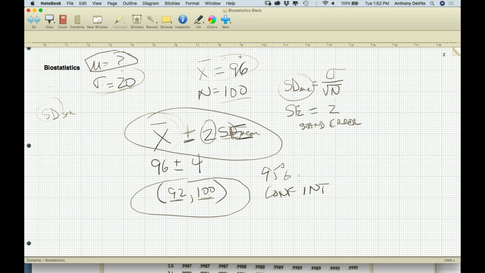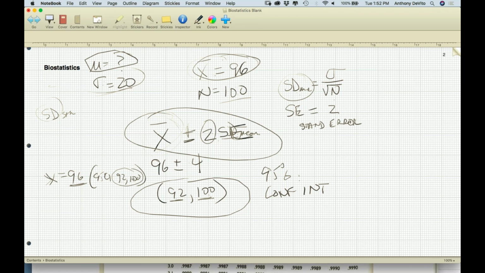I take a sample of size 100, I get a mean of 96, and I report that our sample mean is equal to 96. However, our 95% confidence interval is 92 to 100. Not only can I tell you that my sample mean was 96, but now I'm 95% sure that the real population mean is between these 2 numbers.